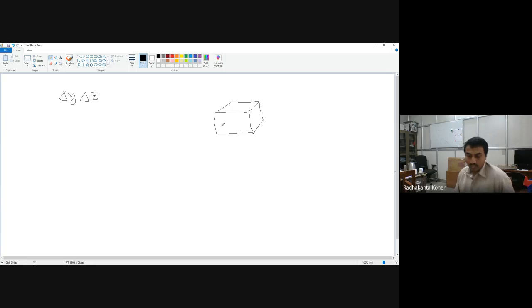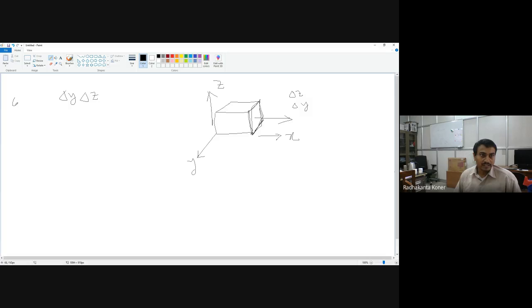This is basically del z. This is basically del y. So in the x direction, I mean this is the x direction because this is z, this is y, and this is x. So x direction flow is occurring through this del y del z face.